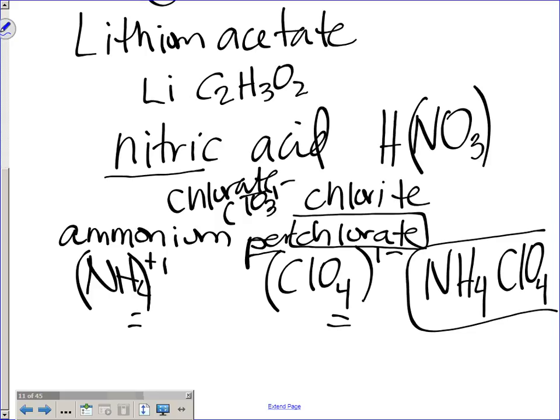That ending changing to chlorite means what? Anybody? ClO2, right? You move the oxygen down one. And additionally, if I add something in the front like this, that per means plus one oxygen. So that's why I went from ClO3 to ClO4. It's just the system of how those small changes make a difference. Knowing that system helps you. I can add per to anything, and you're going to know, oh, it goes up one. I can do ite to anything, and that means you're going to drop an oxygen. So it's just the system.